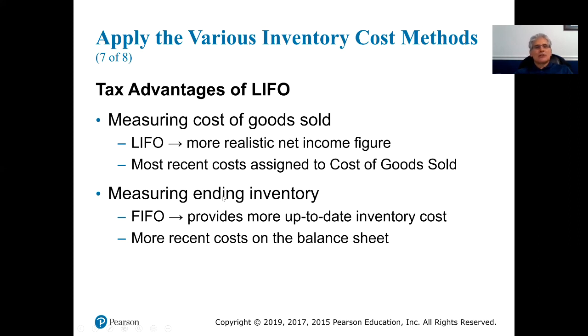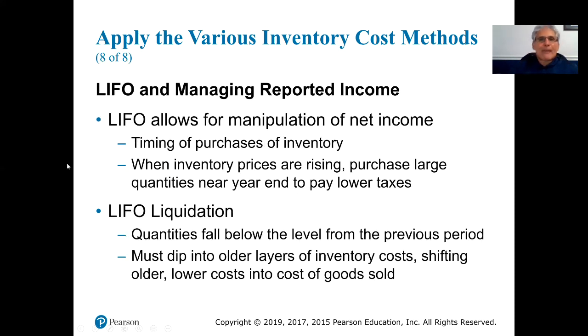So you could see that there are good arguments for both of these, but what we don't want is for management, especially when preparing information and reports for external parties, to manipulate income simply to deceive or to give a better picture, because that could be a manipulation, and if you do it intentionally to make your company look better than it should be, you could be guilty of fraud.